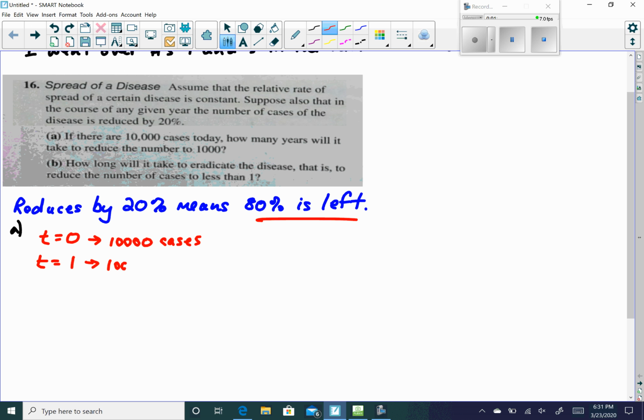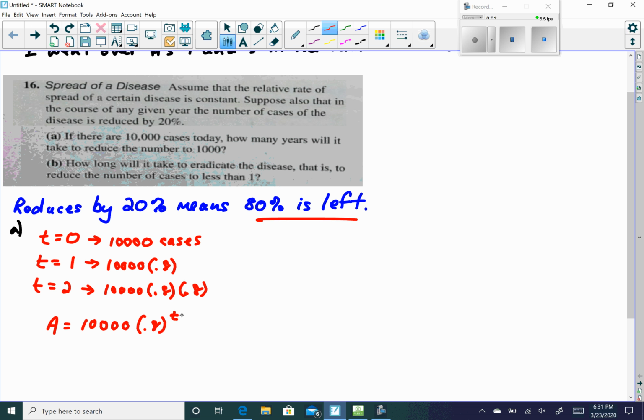So if we took 10,000, we would multiply it by 0.8. The year after that, the 10,000 times 0.8 will get multiplied by another 0.8. So each year after, we're just going to take the previous amount and multiply it by 0.8. So we could say the amount in however many years is going to be 10,000 times 0.8 to the t.